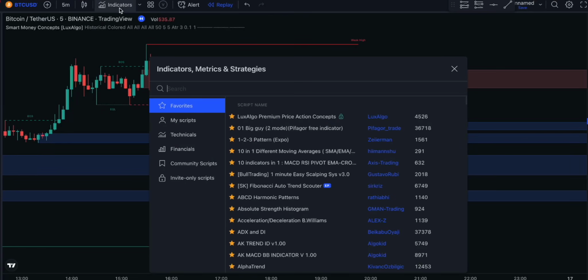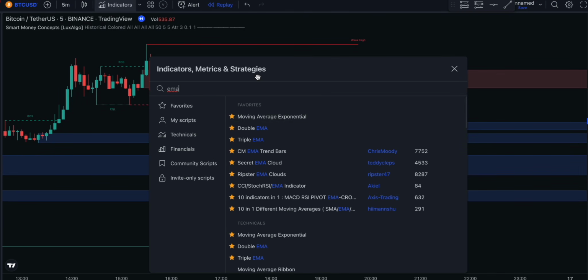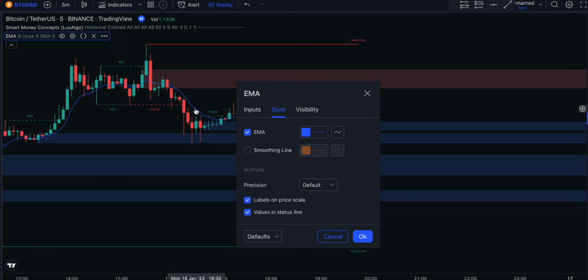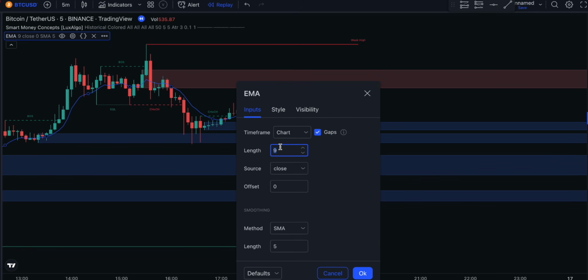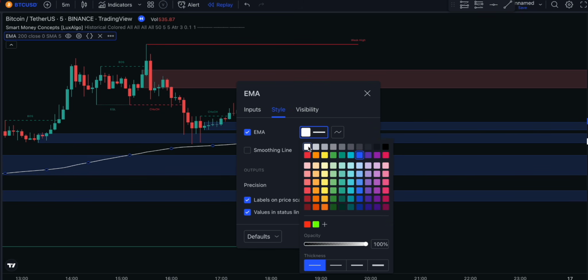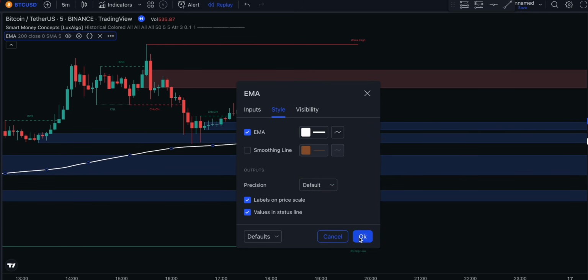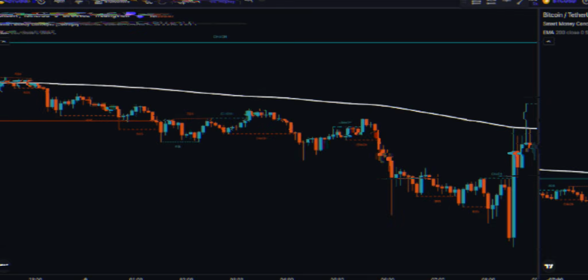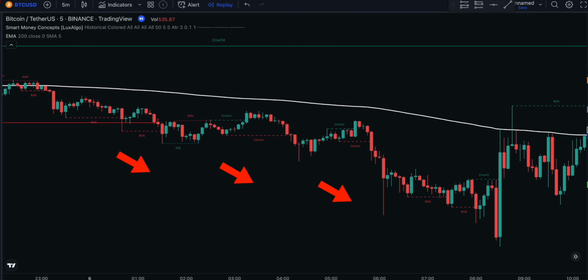To help you identify a long-term trend better, we've added an exponential moving average to the chart. EMA acts as a filter. The general rule says that if the price is above the EMA, only long positions can be taken. Exactly the opposite is true when the price is moving below the EMA.